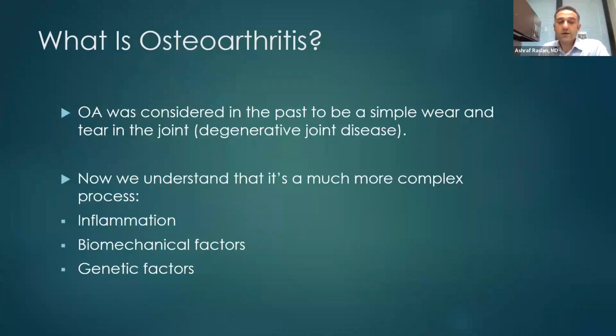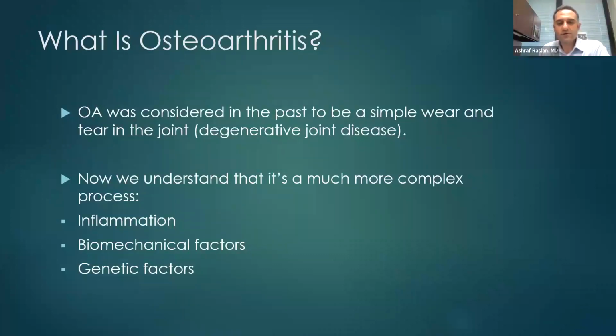We understand that there is some chronic inflammation that plays a big role in the development of osteoarthritis and the loss of the cartilage and the other structures in the joint. There are what we call biomechanical factors, some factors that make some people more susceptible to osteoarthritis. It usually involves the alignment of the joint, the length of the lower extremities.